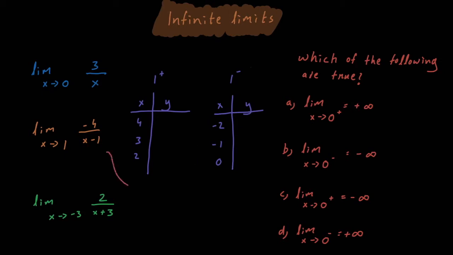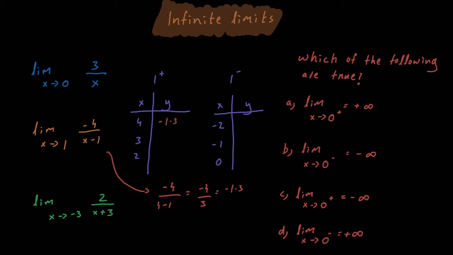So let's try solving. If I substitute 4, I'll get -4 divided by 4 minus 1, which is simply -4 divided by 3, which is a little bit above 1. So let's say -1.3.